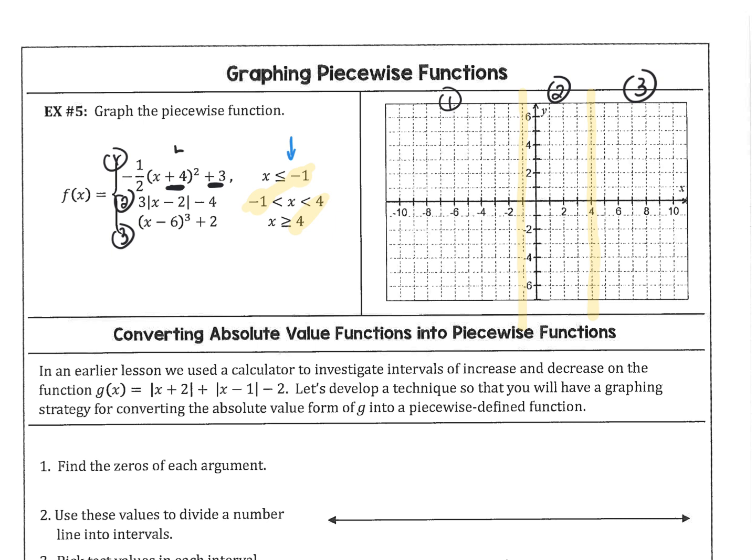Okay, so this is 4 left and 3 up. So normally from here we would go 1, 2, 3, 4, 1, 2, 3. So this is my guy right here. Now, if you're not sure what to do from there, all you have to do is plug in some points and see what it does.